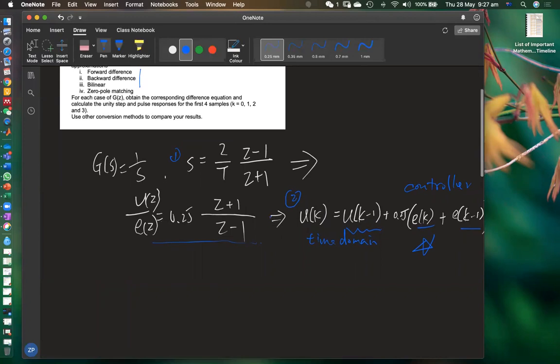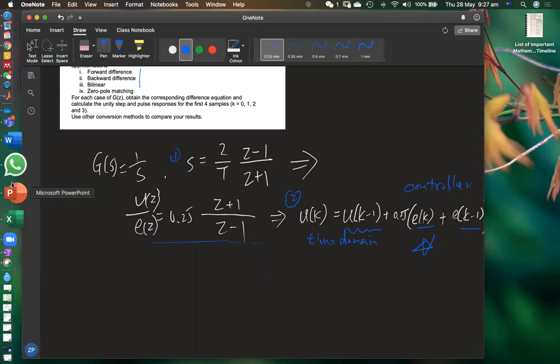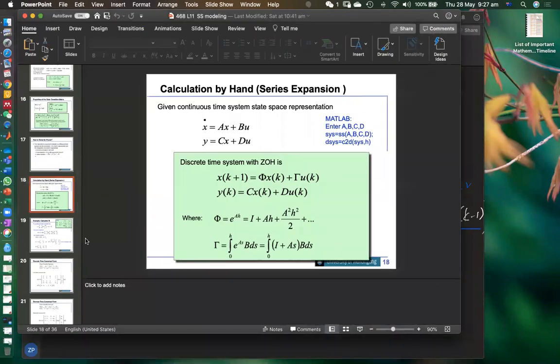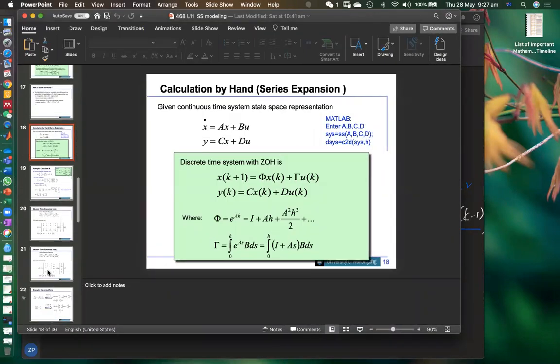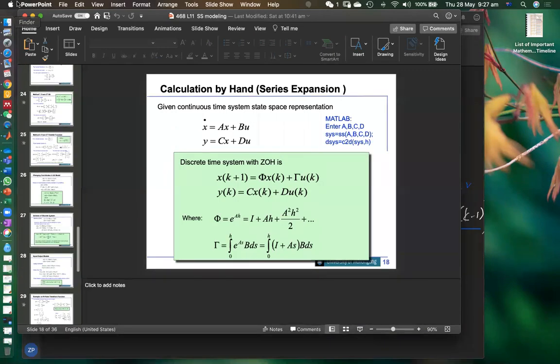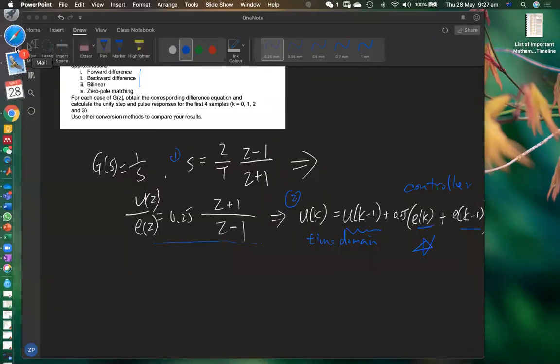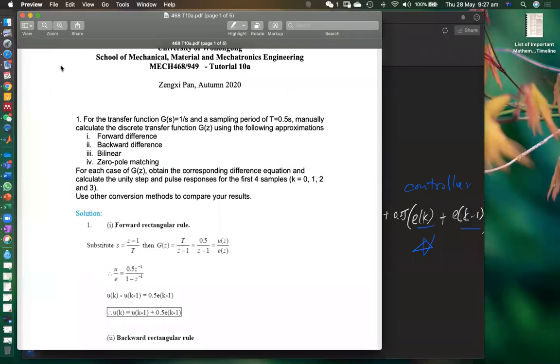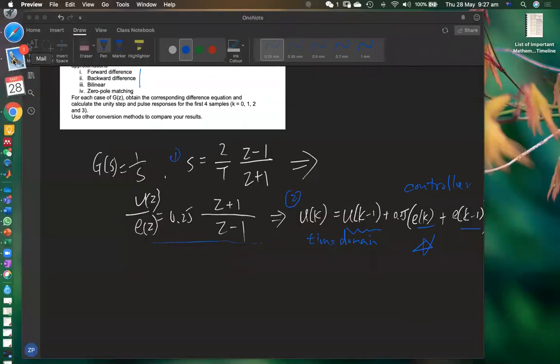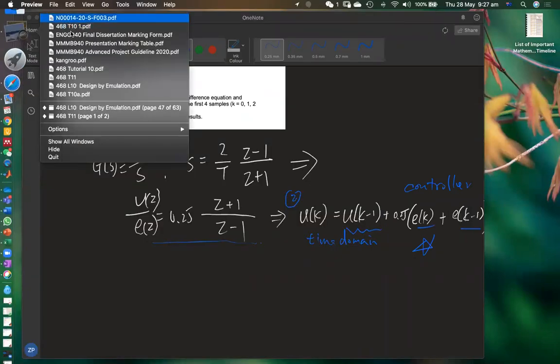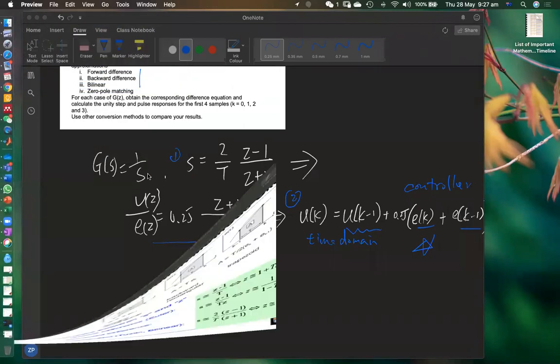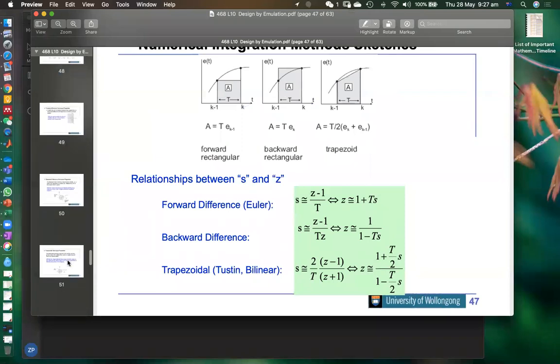So zero pole matching. The problem with this is that in a general case, it's easy. However, normally what I give to you is, oh, not this one. In the general case, it's easy, but what we give you is, where's the, page 57.